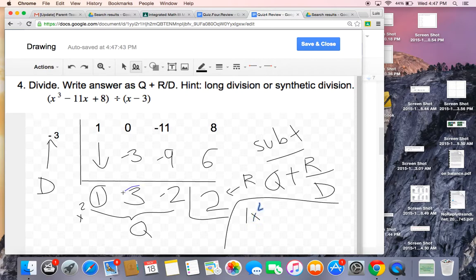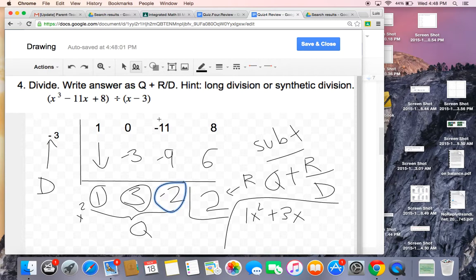This 3 now is going to become the coefficient of x to the first, so I'm going to have plus 3x to the first. And next, I'm going to have a negative 2.